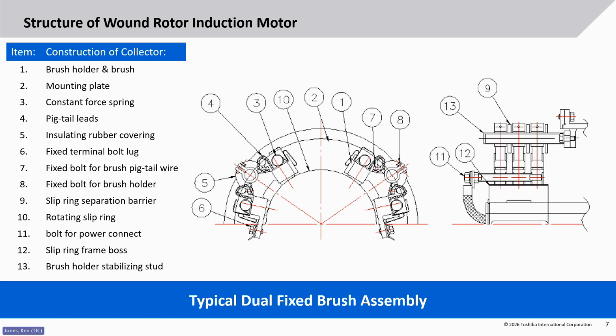You have the insulation itself on the rotor that separates the shaft from the commutator assembly or slip rings, and then they're all bolted together basically to complete a formal shorted or non-shorted rotating assembly.